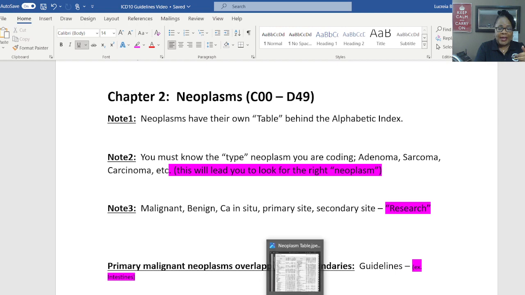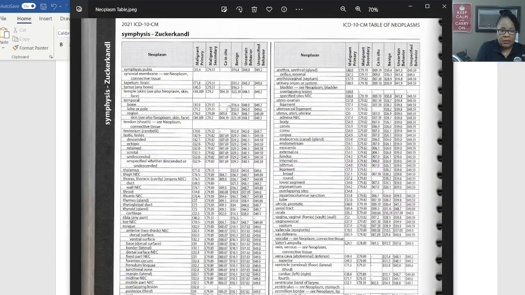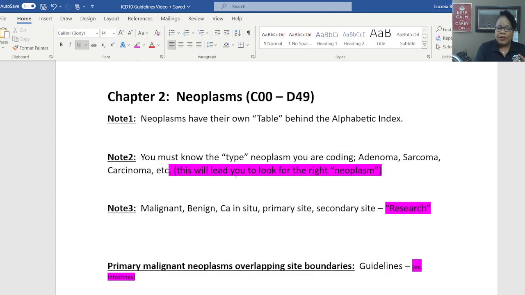When you go to the neoplasm table, if it's a sarcoma of a certain body part, let's just say thigh, is it primary? Is it secondary malignant? Is a sarcoma in situ or benign? So you've got to know the behavior or the type of neoplasm that you're coding.